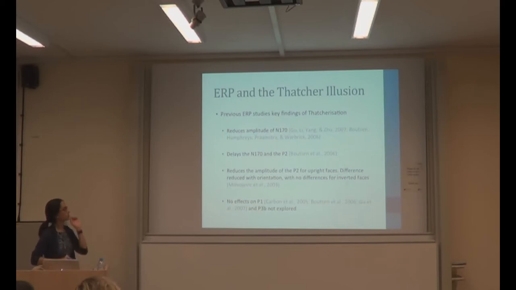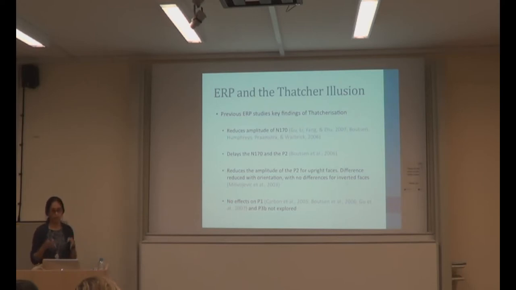Okay, so very specifically for the Thatcher illusion, there have been a few studies that have explored it with ERP, and the consensus is that amplitude reduces with Thatcherization at the N170, that Thatcherization delays the N170 and the P2, and that Thatcherization reduces the amplitude of the P2 for upright faces, and the difference between upright and inverted face amplitude reduces with orientation.